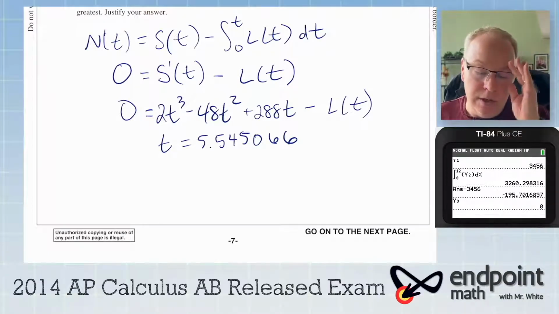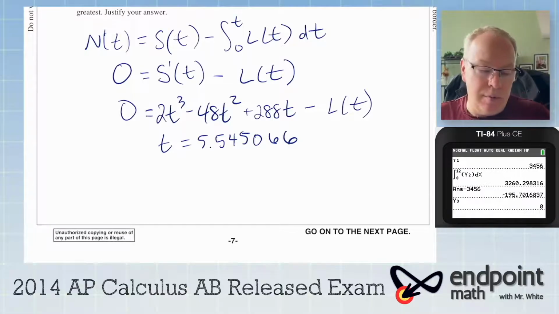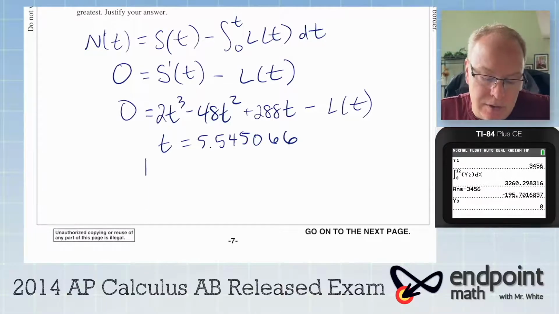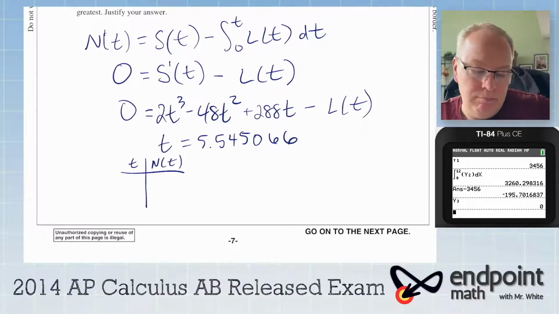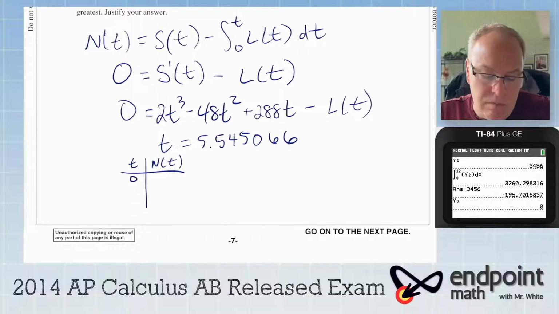All right, so we do need to figure out how many were in at the beginning. Well, we know there was 0 in the beginning, right? So we can do a little table here. We can call this n, right? So at the beginning, there is 0.